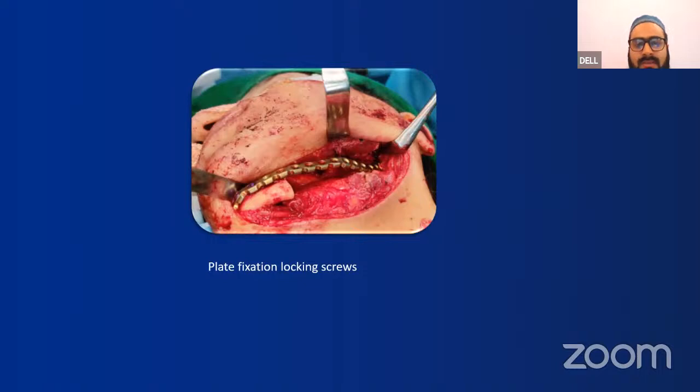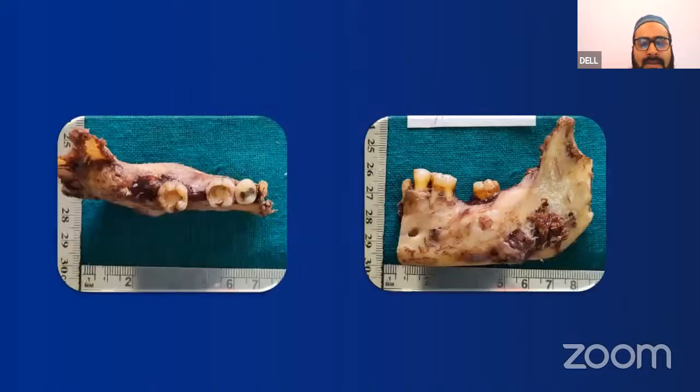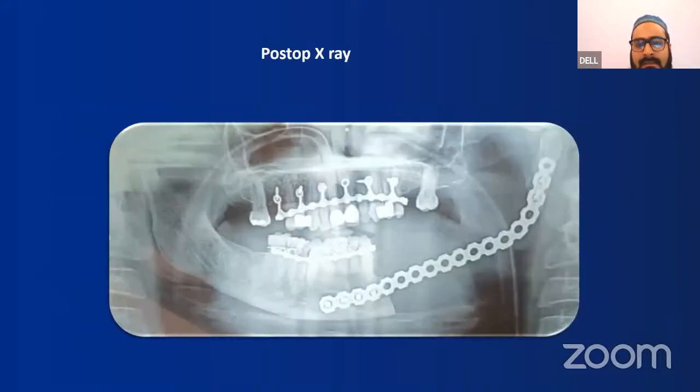After this, the closure was done. This is the resected specimen of the mandible and the post-op X-ray.